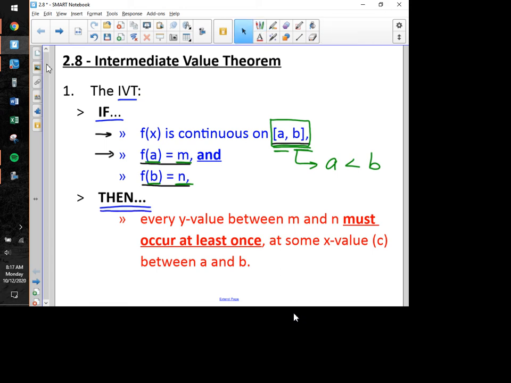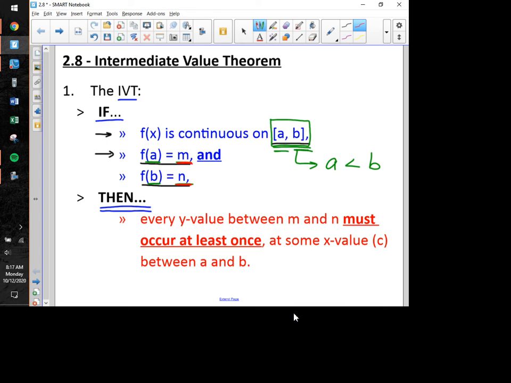If all of those things in blue happen, then we know that what is said in red here has to happen as well. And the conclusion of the IVT says that every single y value in between m and n. And remember, guys, m was the starting y value of this function, and n was the ending y value of this function.